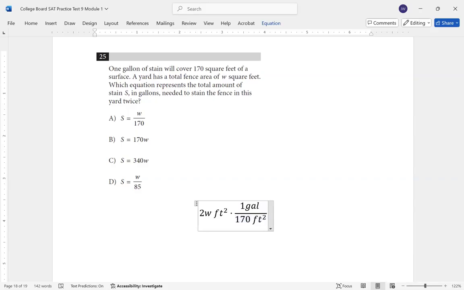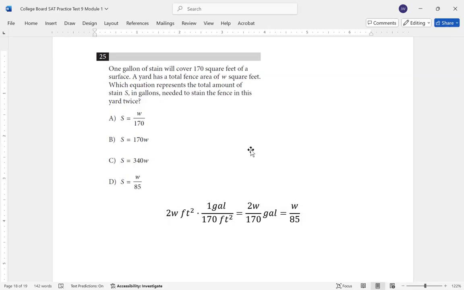So the total number of gallons that I need, because the square feet are going to cancel, is going to be 2W divided by 170. And 2W divided by 170 is the same thing as W divided by 85.